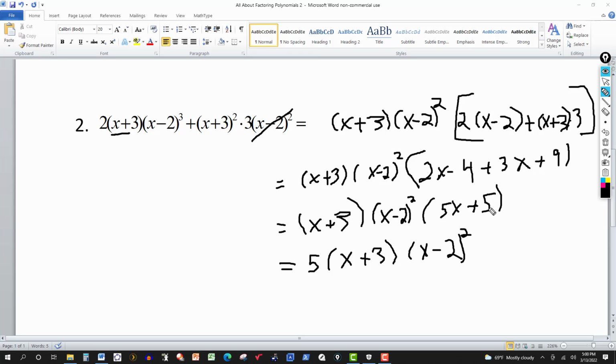And of course in this one, 5x plus 5, I factored out the 5. So that left me with an x. Don't have to put the 1 in there. 5 times 1 is 5, so when I take out the 5, the 1 remains. So there we have it. The factorization is 5 times x plus 3, x minus 2 to the second, and x plus 1.